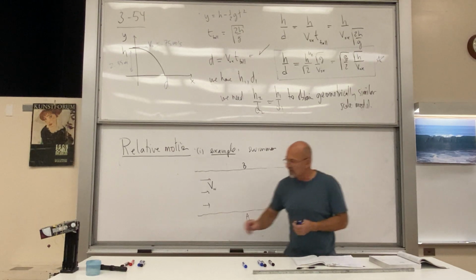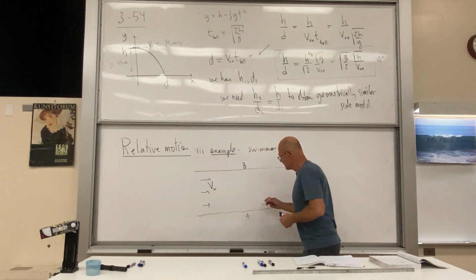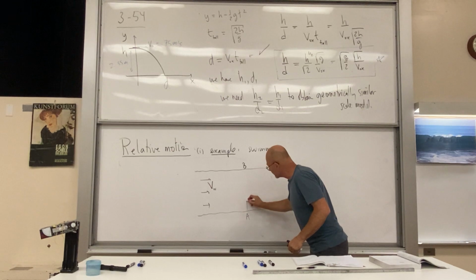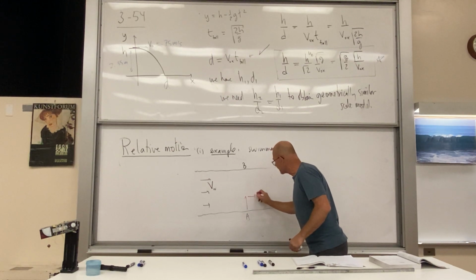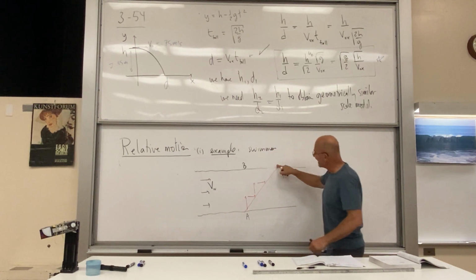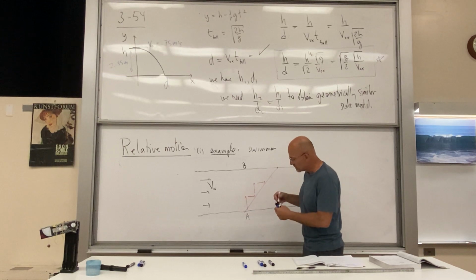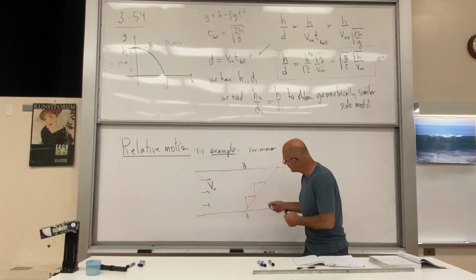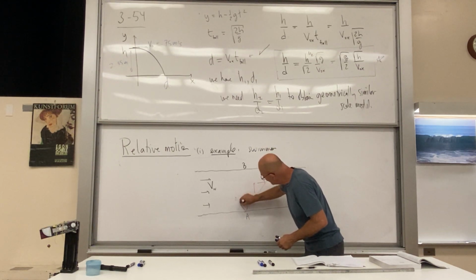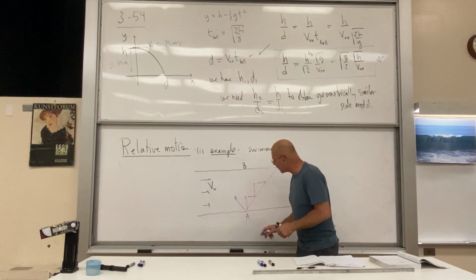It's pretty clear that the swimmer swims forward, the current carries him, and actually he's going to end up right here. So in order to make it to B, you'd have to aim upstream somewhere. And the question is, what would your angle be?